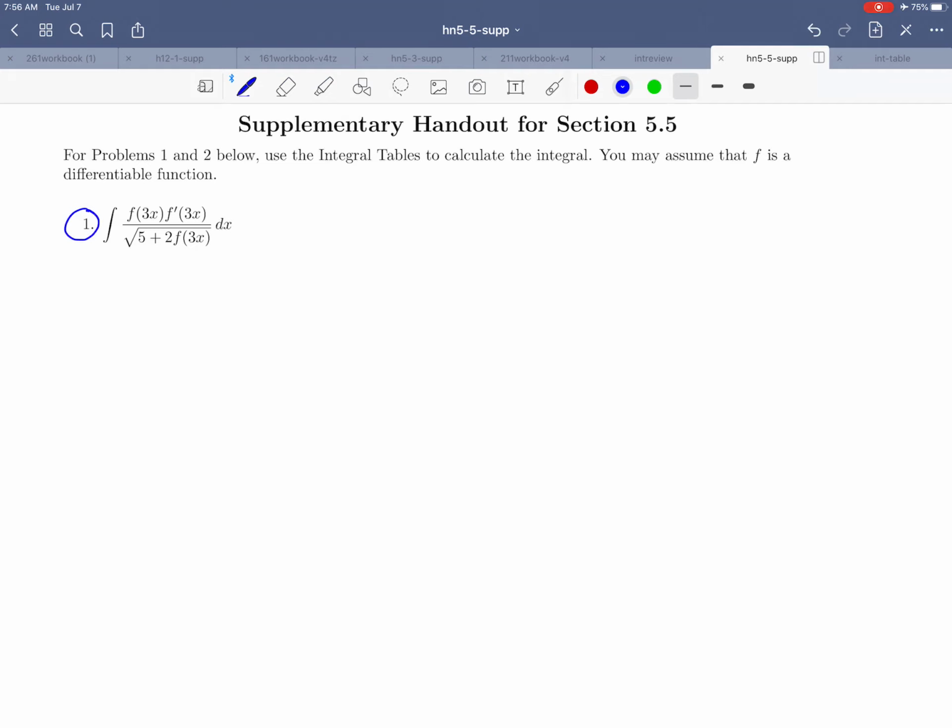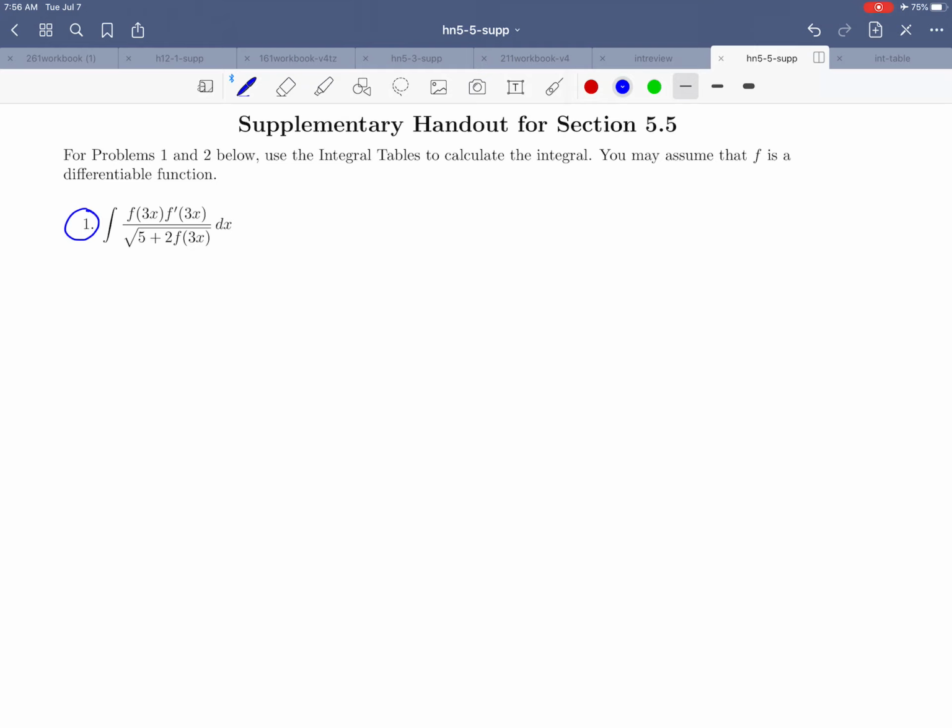Okay, so looking at this integral, it kind of looks intimidating at first. It's got the strange f of 3x running around in it, but what we're going to see is it's exactly the same type of problem as what we've been doing, just that we've got this unknown function f running around.